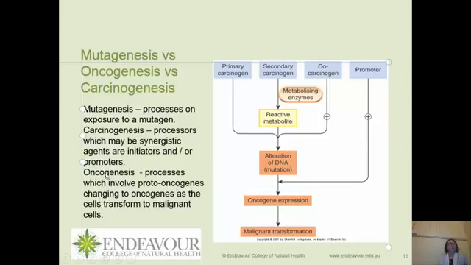So those substances, promoters that promote the accumulation of damaged genes, these oncogenes, might be called oncogenic substances, and we'll see that there are some viruses that are oncogenic.